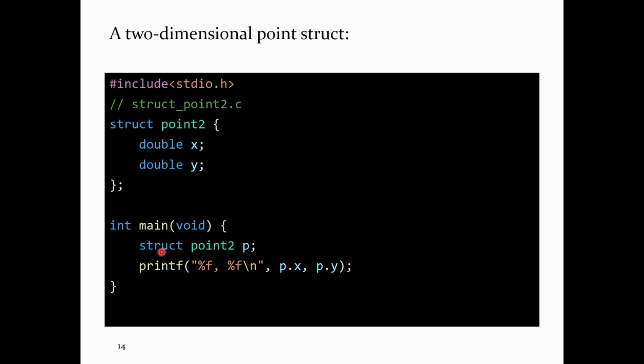So point2 is not a type name, at least not yet. Point2 is what's called a tag name, a name that belongs to a structure. You can think of struct followed by a tag name as being the type. So struct point2 in this case is the type, and my variable p is a variable of type struct point2.